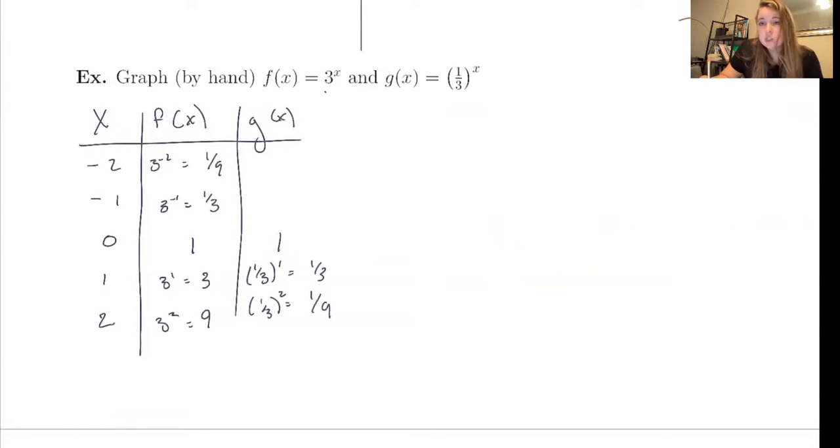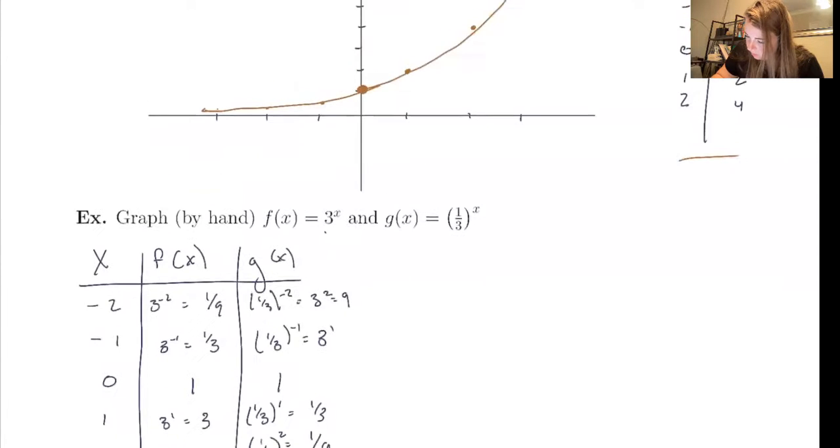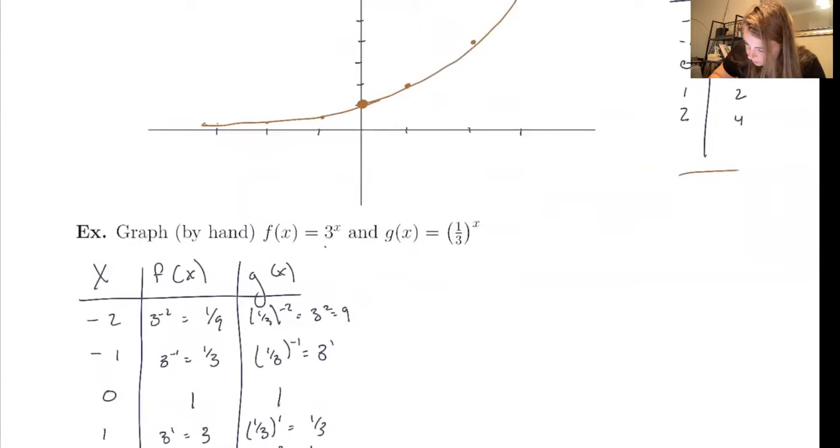That's one of your exponential properties that we talked about in the beginning of the class a few weeks ago. And for the negative ones, I like to do the positive ones because they're really easy. 1/3 to the -1 is just going to be 3 to the 1. And then 1/3 to the -2 is going to be 3 squared, which is 9. So, see if I can grab this graph because I liked it.